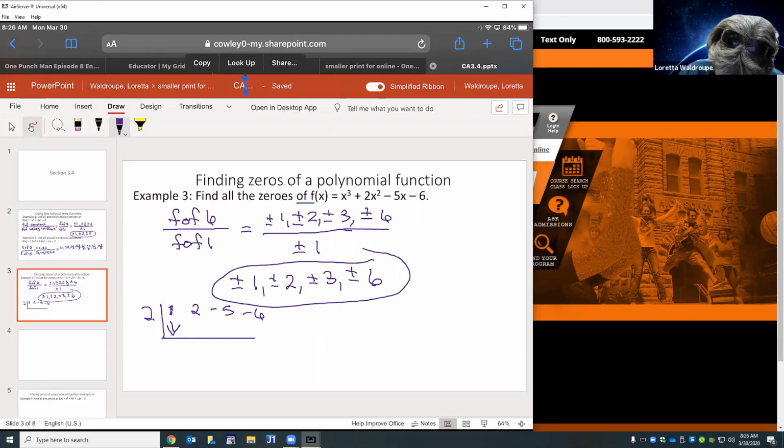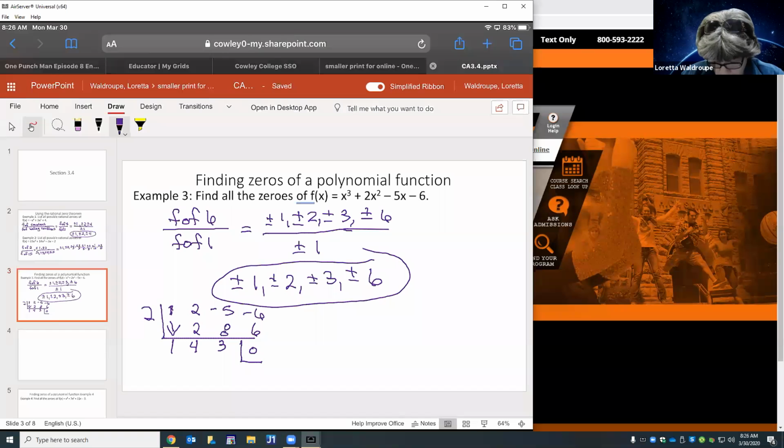So the first number comes down. You multiply, add, multiply, add, multiply, add. And just by chance, I got lucky enough that I did find a zero because my remainder here on the end is 0. So my new polynomial is x squared plus 4x plus 3 equals 0.